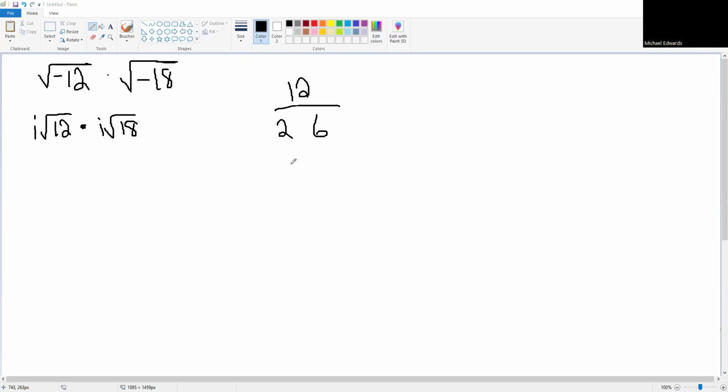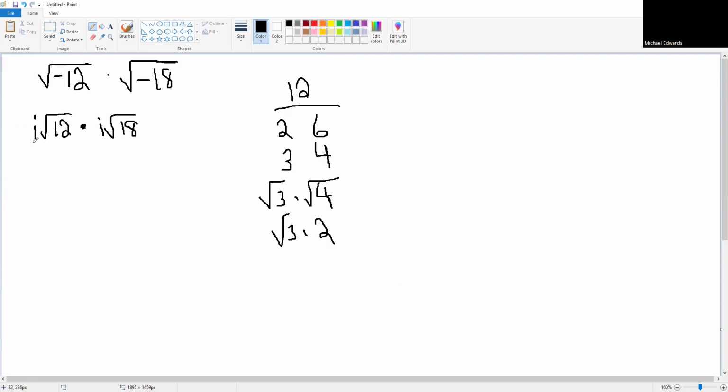Let's keep going. 3 times what is 12? 3 times 4. Is 4 a perfect square? We know 3 is not. Yes, 4 is a perfect square. So to rewrite this, I'll just write it here, square root of 3 times the square root of 4, and the square root of 4 is actually 2.